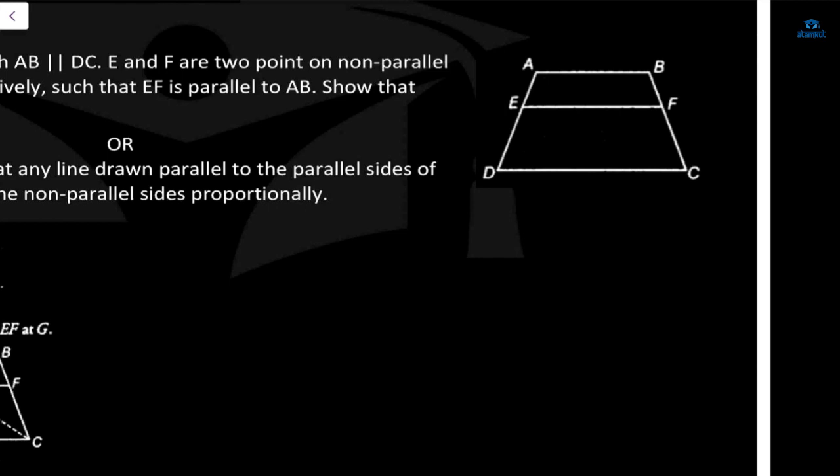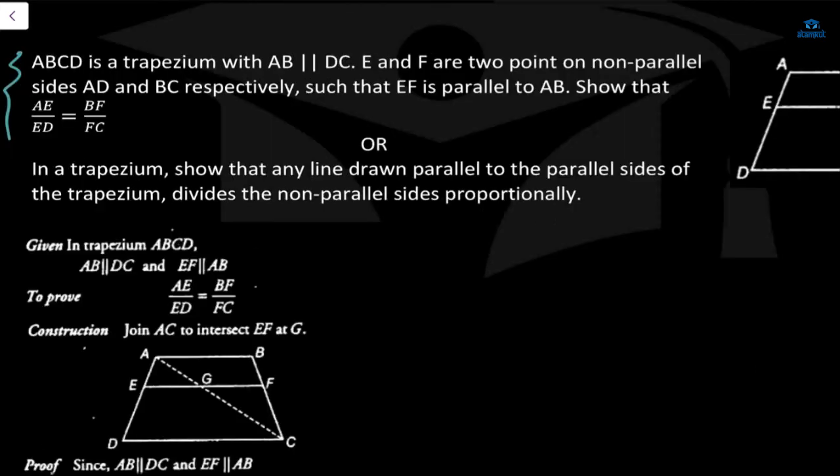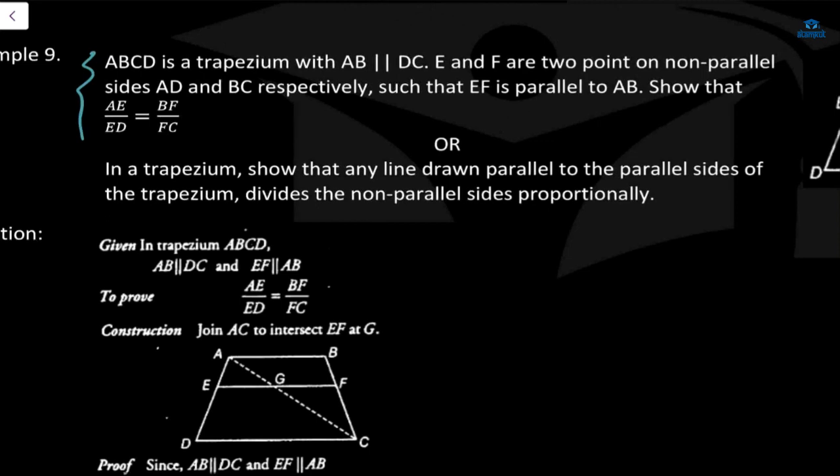That means AE upon ED should be equal to BF upon FC. It is the same thing, but only in statement form in the second one. Sometimes we get confused in statement form, but it is saying this only.